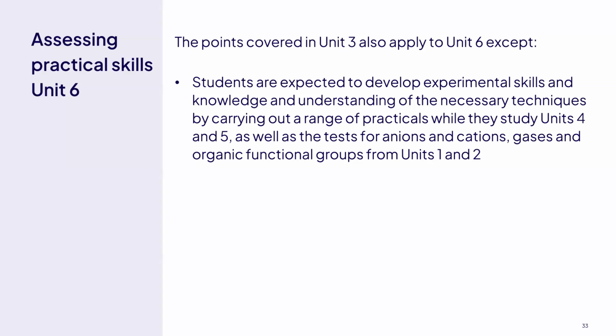But they also need to know the tests for anions and cations and gases and organic functional groups from Units 1 and 2. So that's something that students need to be aware of, that they could be asked on the paper for Unit 6 about the tests for anions and cations and gases and organic functional groups, and that will have been covered at IAS, at AS level.